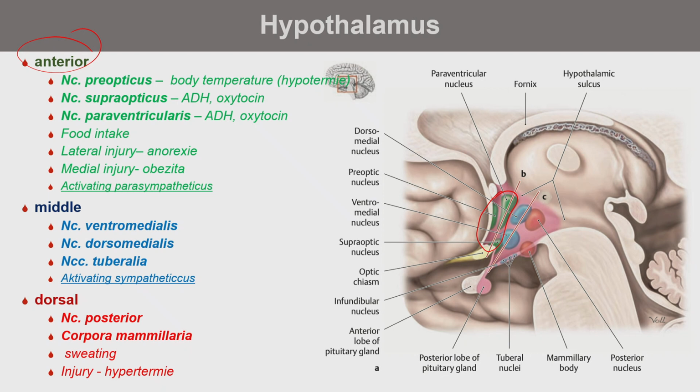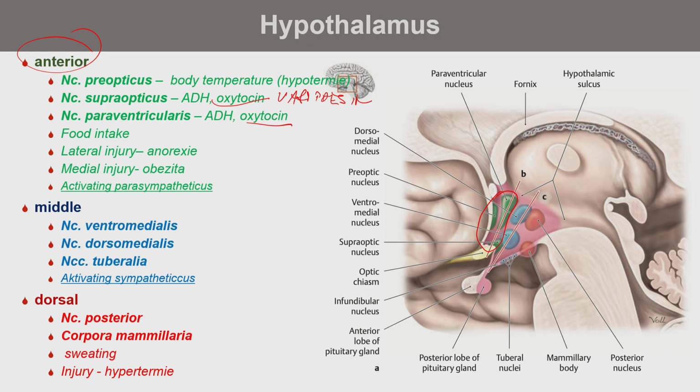Three anterior nuclei are preoptic, which is important for the regulation of body temperature, and two others you probably know from your high school, supraoptic and paraventricular, because those nuclei are able to produce some peptide hormones, which are called antidiuretic hormone or vasopressin, and oxytocin, both of them.